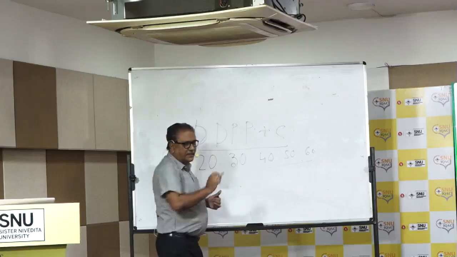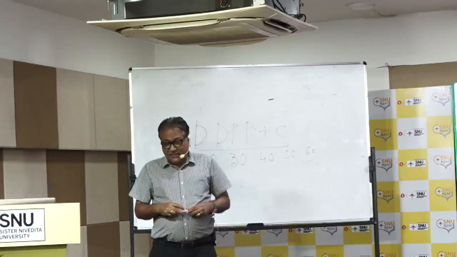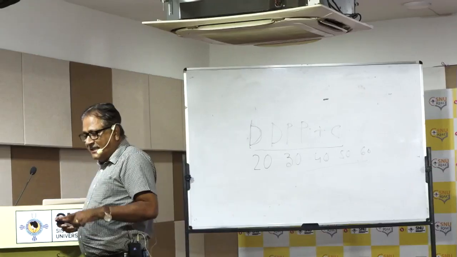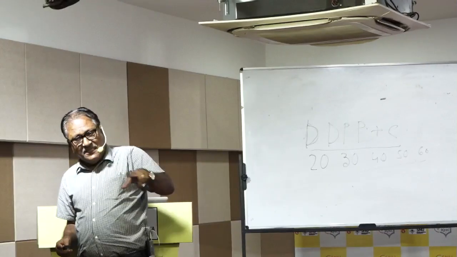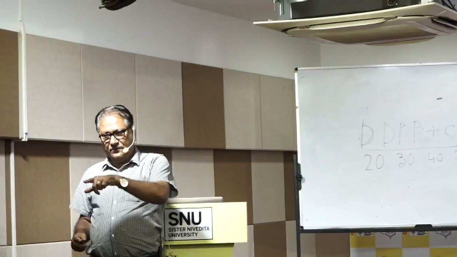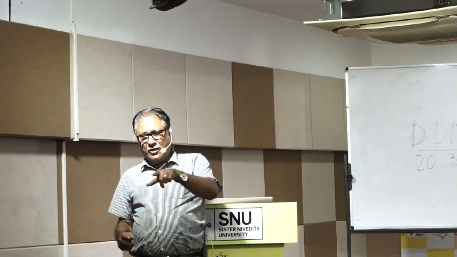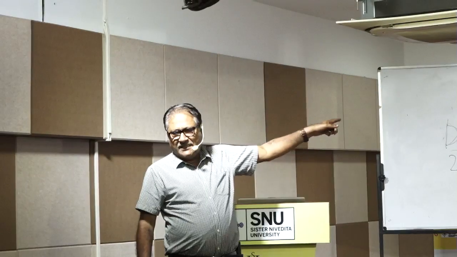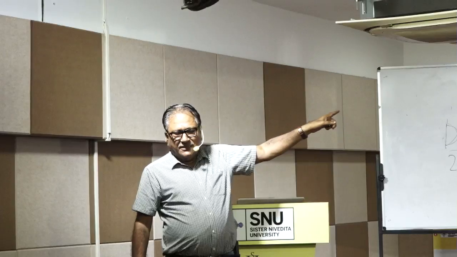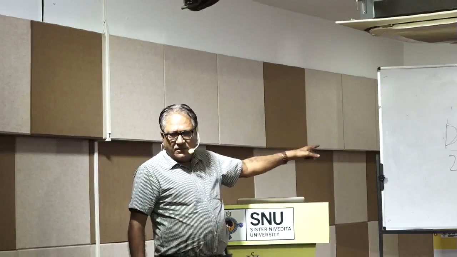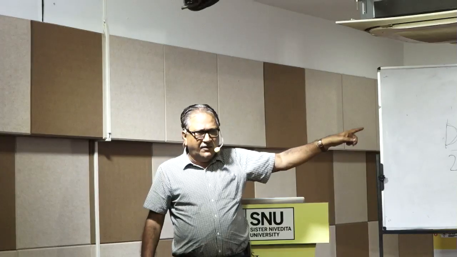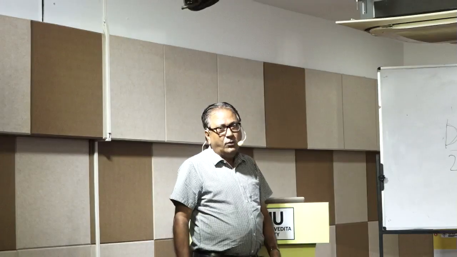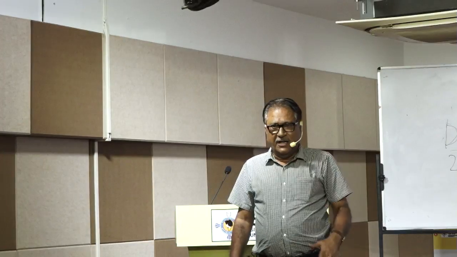Just to check, when I write the data, I retain it in the increasing order of magnitude. The minimum is 20, the maximum is 60, and 30 is greater than 20, 40 is greater than 30, and 50 is greater than 40, so this is increasing order of magnitude. This is the first rule: when you arrange the data, you arrange it in increasing order.